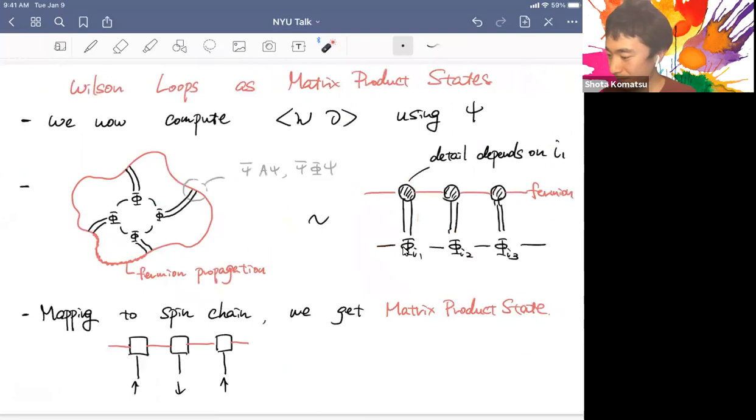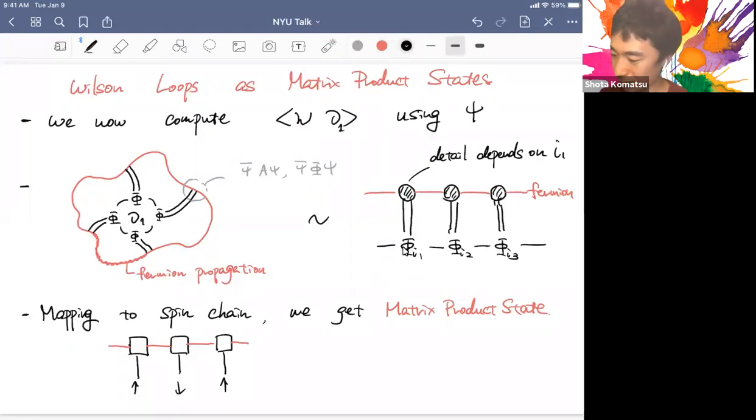And so now let us compute this object using the fermion. Again, we just draw some Wilson loop, and we put a local operator here. This is the local operator O1. And then, of course, at the leading order, what you need to do is some Wick contraction.